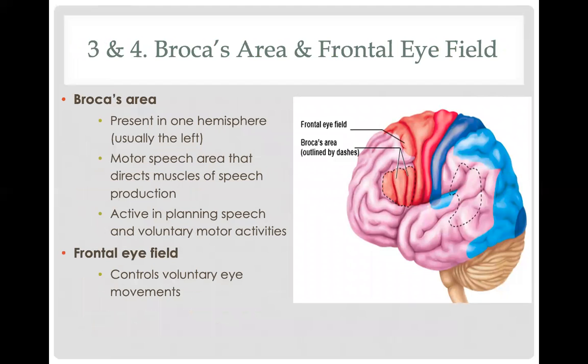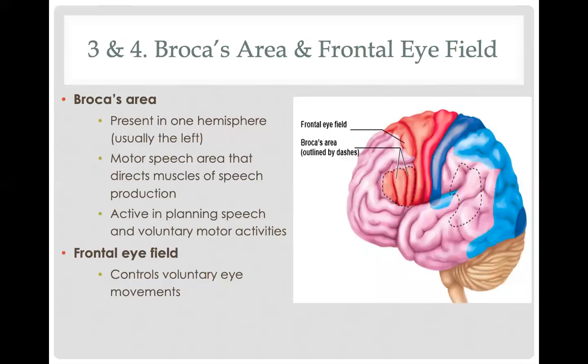Another area of the brain that you have within the frontal lobe is the Broca's area. Broca's area is the area that basically controls your speech. This area is present both on your left hemisphere and right hemisphere with two different functions. So this is where the lateralization concept comes in.